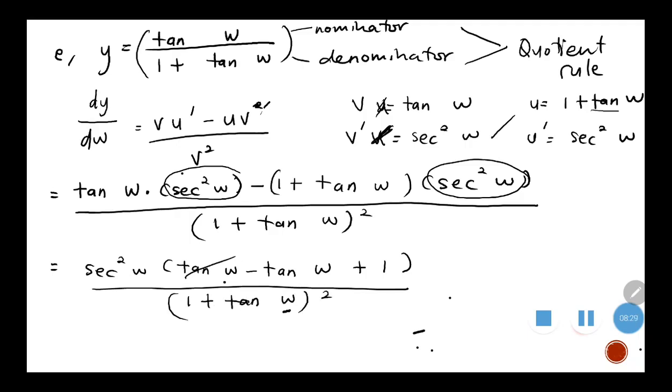So now we can cancel this together and you will get secant square w over 1 plus tan w square. And this should be your final answer.